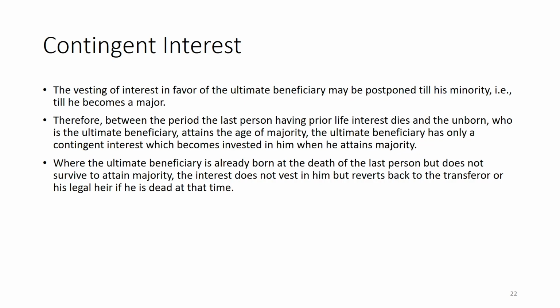In that way it is all about the transfer to an unborn person, and I have finished lecture number 4, in which I have discussed all these things in detail. Specifically, the remoteness, the calculation of this period, is very important and must be exercised properly. So, it is all about transfer to an unborn person. Thank you.